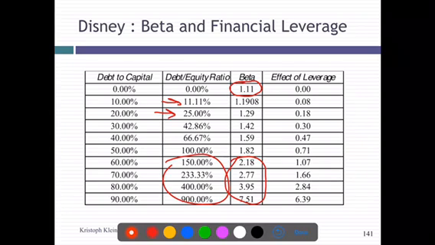Now, this is a really important point. This is going to be essentially one of the main findings in this class, which is when we think about weighted average cost of capital, in general, debt is usually cheaper than equity. So it seems like if you were a company, you would just take more debt. The problem is that when you take more debt, you're also driving up the cost of equity through the beta. And so these things are going to have to both cancel out.